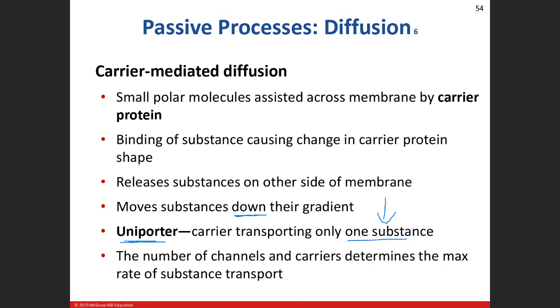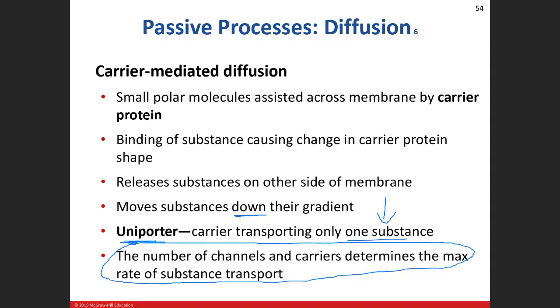Now, this next concept, you'll appreciate more in 211. The number of channels and carriers are going to determine the max rate of substance transport. Which means, going back to glucose, if the cell's glucose demands increase, that cell will put more carrier proteins into the plasma membrane.